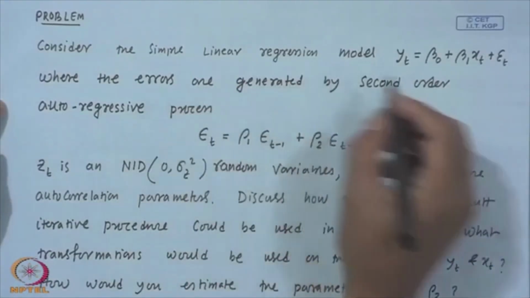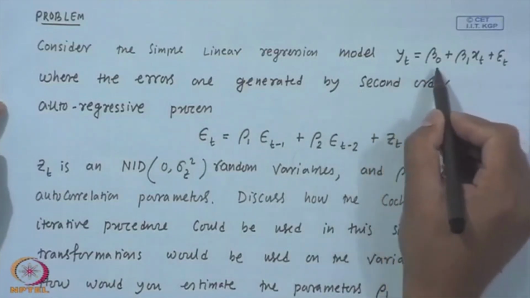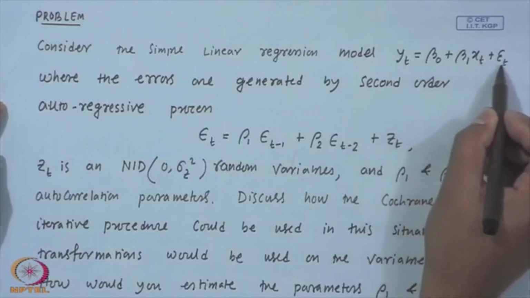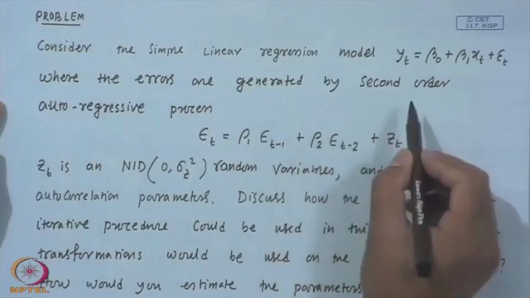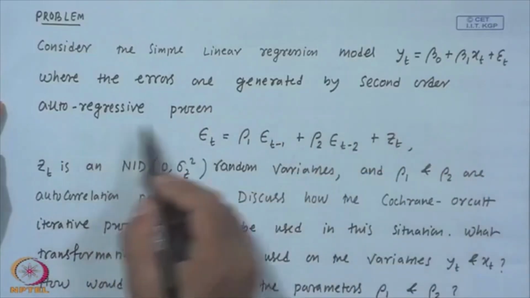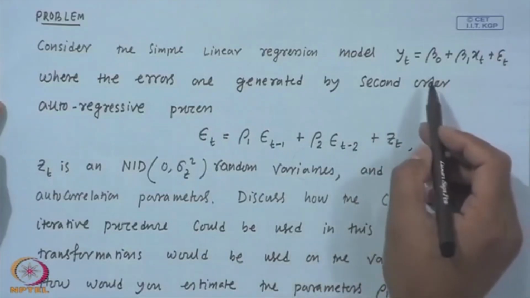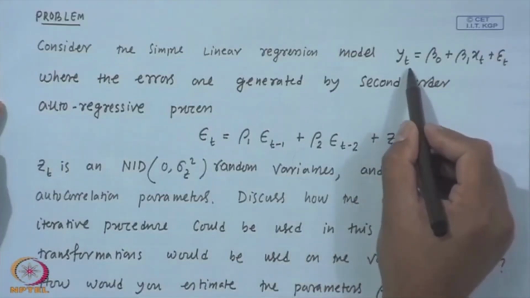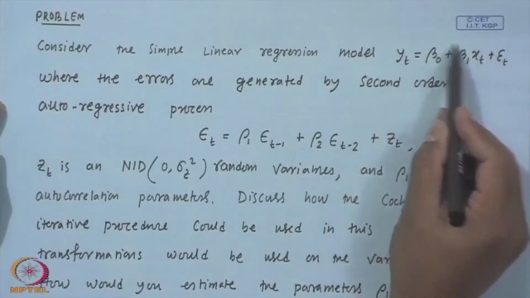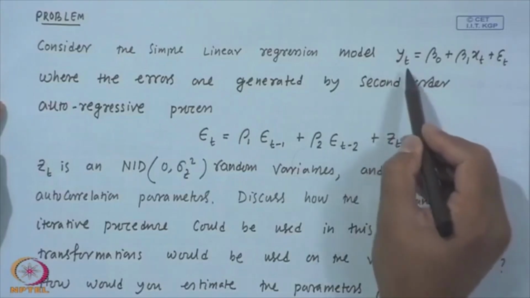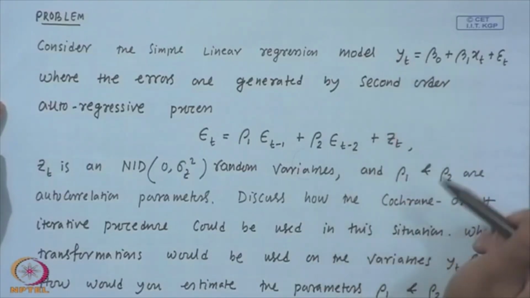Consider the simple linear regression model y t equal to beta naught plus beta 1 x t plus epsilon t, where the errors are generated by a second order autoregressive process. I hope that you can recall. So, here you can see these observations are collected sequentially in time. So, these are time series data basically, that is why it is denoted by t here.